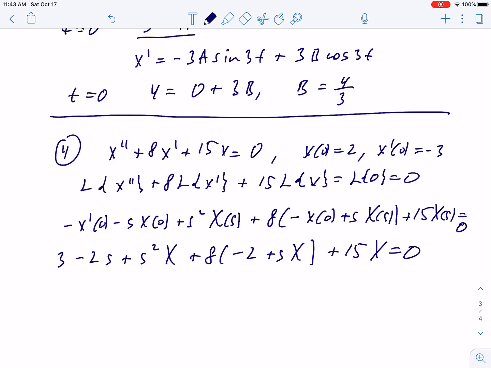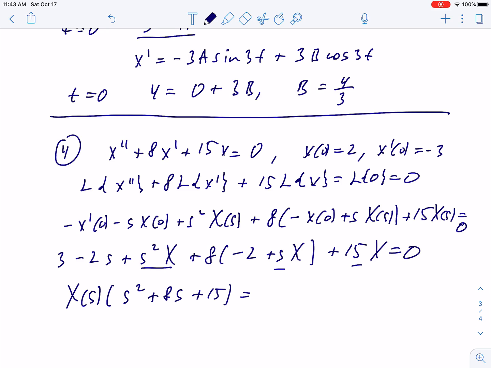We factor the big X, and all the other terms we bring on the right side. So factoring big X of s, we have s squared from this term, and also we have plus 8s from this place and plus 15. All the other terms go to the right. So this will be 3, and we have also -16 from here.